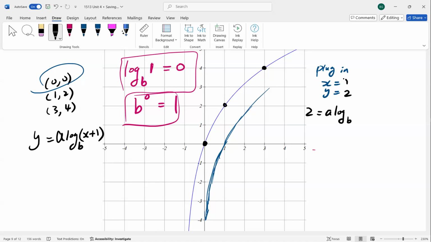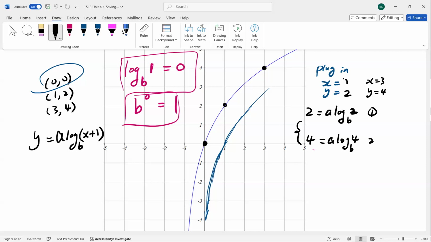When x is 1, x plus 1 is 2, so here's 2. And if we plug in x equals 3, y is 4, then we have y is 4 here, a log with base b. When x is 3, 3 plus 1 is 4.